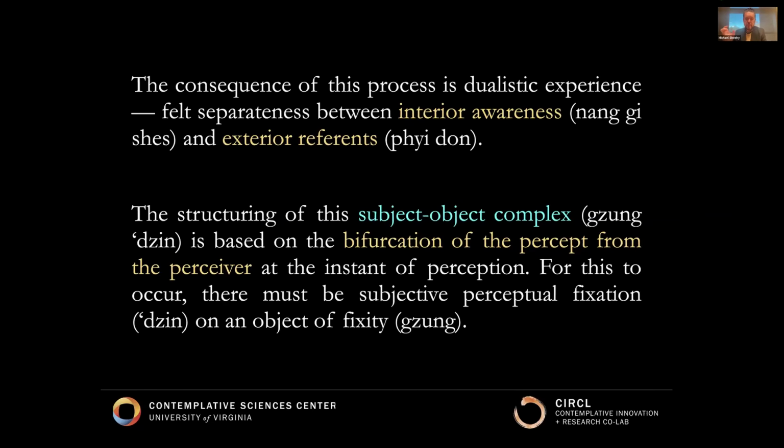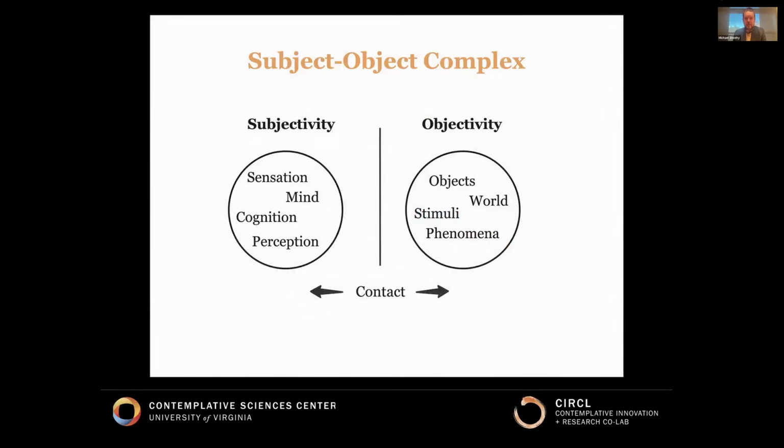And for this to occur, there must be the subjective perceptual fixation on an object of fixity. Okay? So this then lends itself to a whole habituated mode of being where there's what's called grasping or fixation. Then the object becomes something of fixity, and there's a whole kind of entrenched paradigm of the habituated ordinary consciousness that plays out.